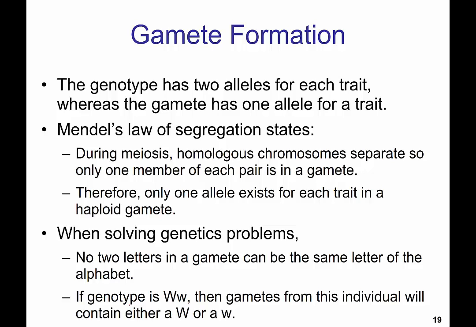When we're solving genetics problems, no two letters in a gamete can be the same letter of the alphabet. If the genotype is big W, little w, then gametes for this individual will contain either a big W or a little w. We'll see several examples of this.